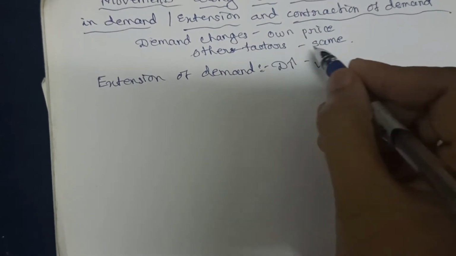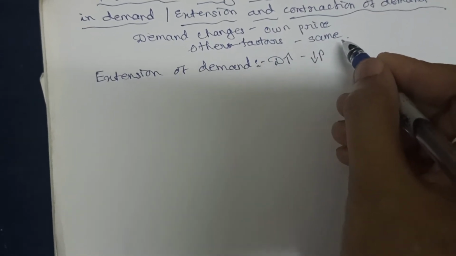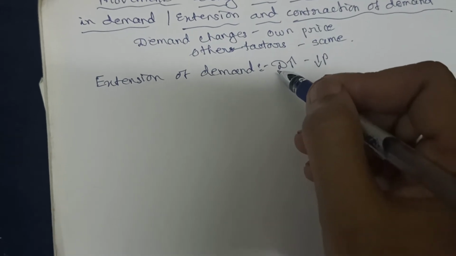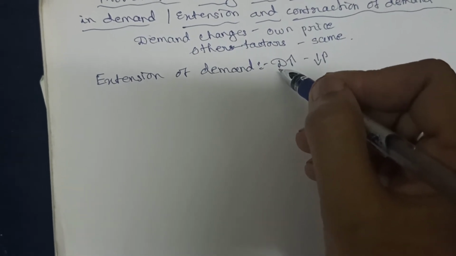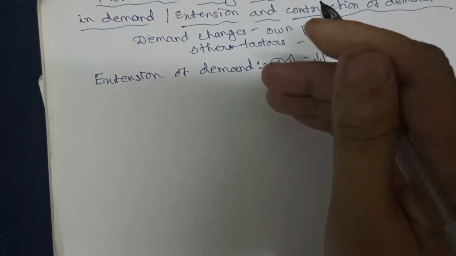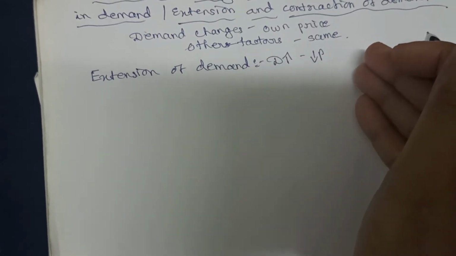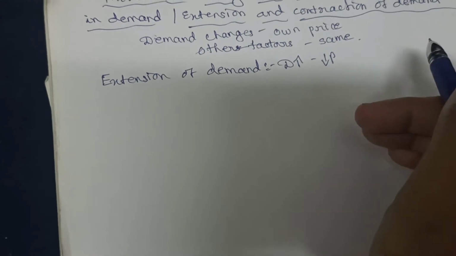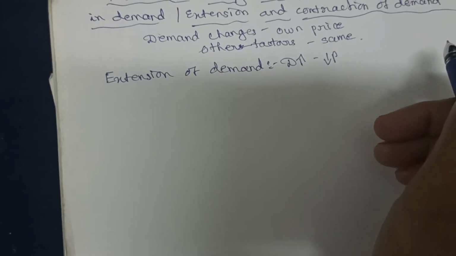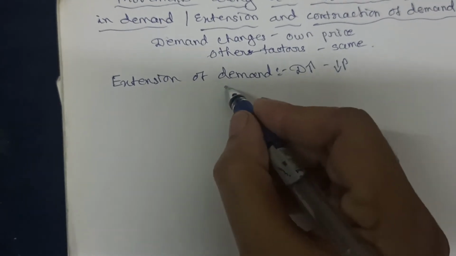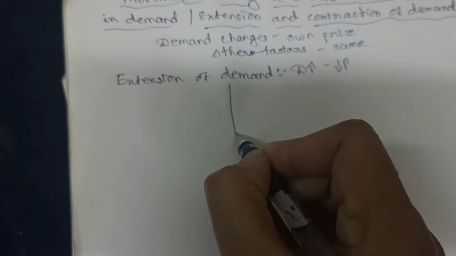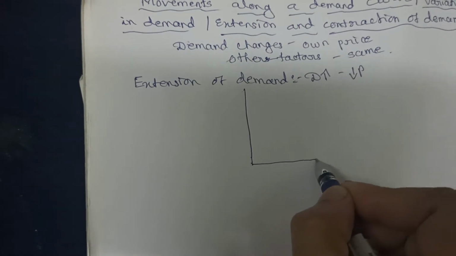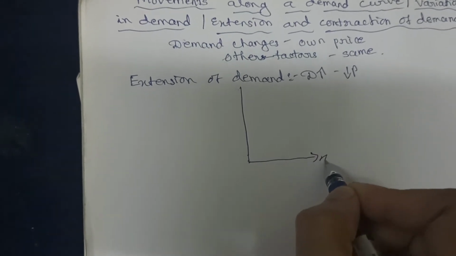Other factors affecting the demand will remain the same. Diagrammatically, there will be movement on the same demand curve from left to right, or a downward movement on the same demand curve. You have to show this with the help of a diagram. First you have to mark the axes, then you have to label them.